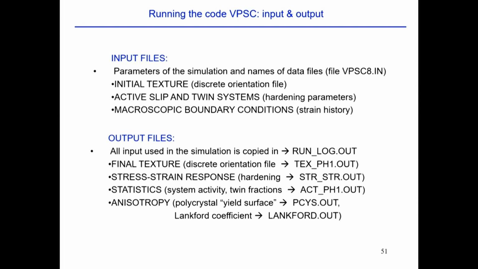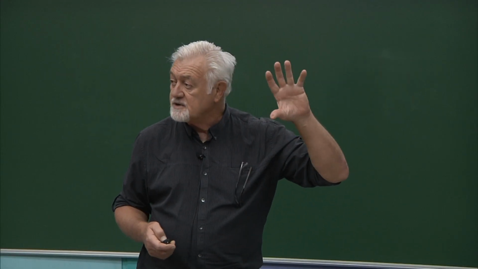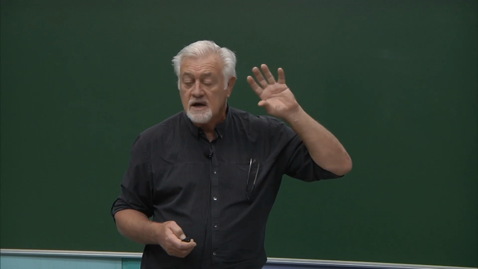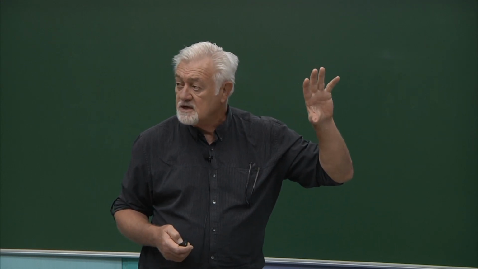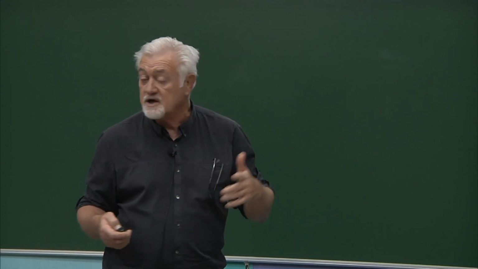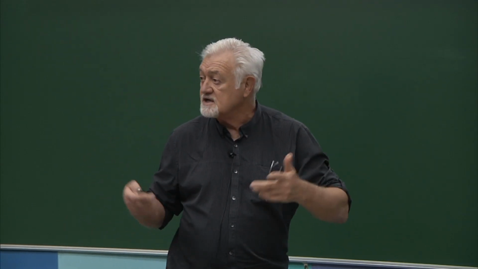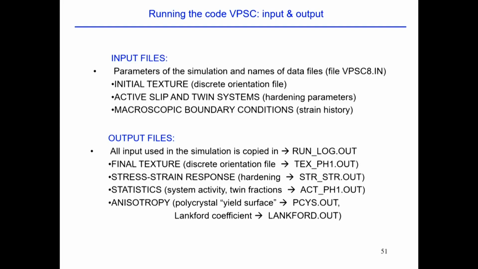This is very useful because when you run your code, what I usually do is rename runlog.out to runlog case 1, runlog case 2, runlog case 3, and all the conditions that I use for a particular run are in that file, together with the other output files, which are renamed case 1, case 2, case 3. So I know what conditions I used. This is a very useful file.